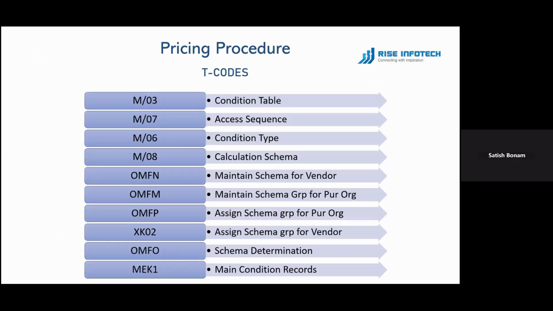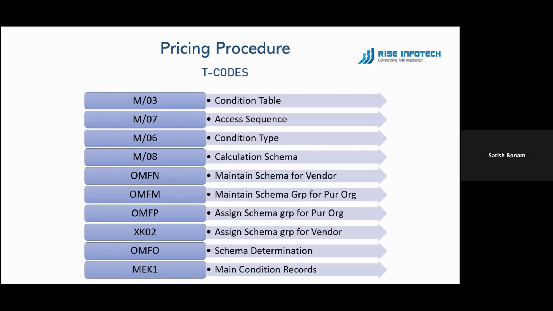These are the T codes which we use to configure the pricing procedure. M/03 is define condition table. M/07 access sequence. M/06 condition type. M/08 calculation schema. OMFN maintain schema for vendor. OMFM maintain schema group for purchase organization.